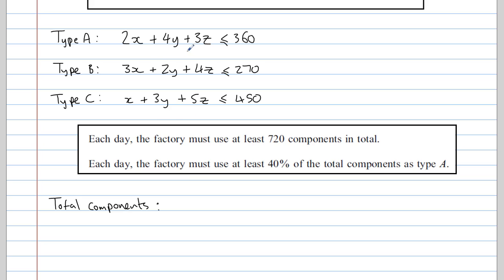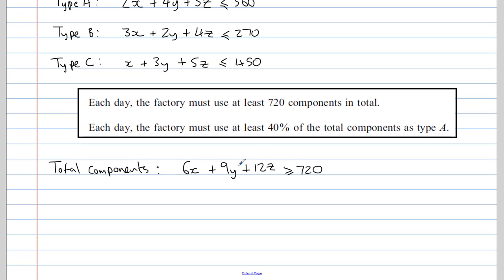The total number of components will be all of these added together. So we've got 6 lots of X, we have got 4, 5, 6, 7, 9 lots of Y, and 5, 9, 12 lots of Z. This represents the total number of components here, and that must be greater than or equal to 720 because I must use at least 720 components.